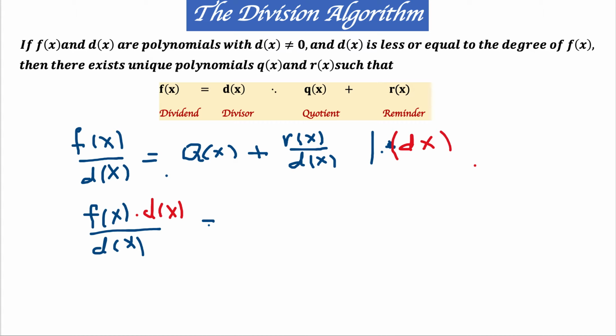And it's going to be equal to q of x times d of x. And the same thing, I am going to multiply by d of x the last term, which is plus r of x over d of x.